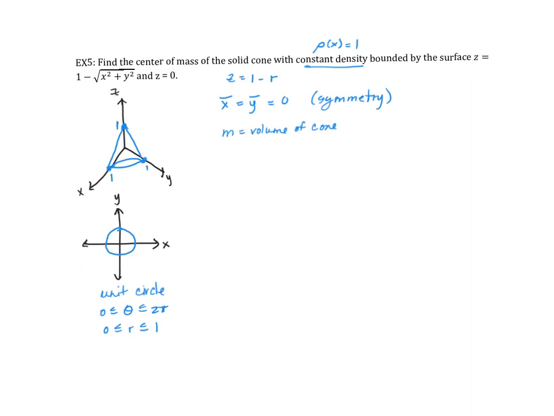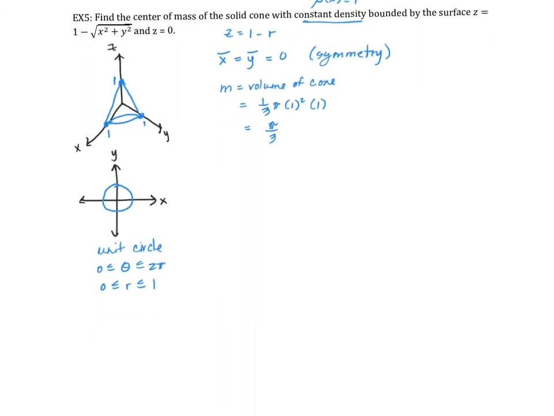However, if you didn't see that, that's fine. The volume of the cone is going to be 1/3 pi r squared, and in this case r is 1, times the height, which in this case is 1. So my mass is simply going to be pi over 3, and I didn't have to compute that triple integral.